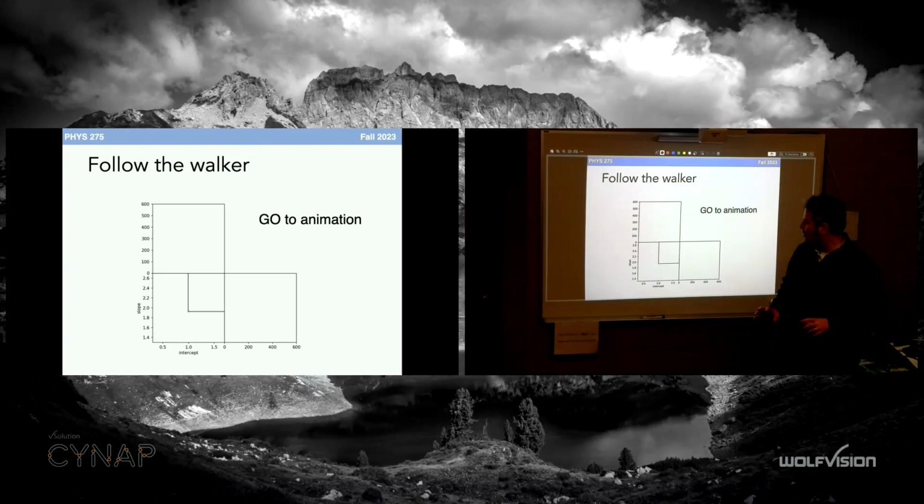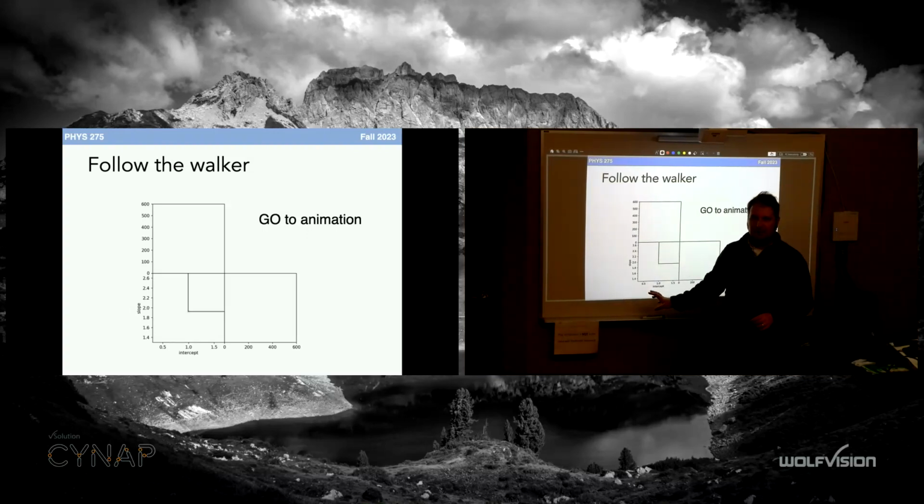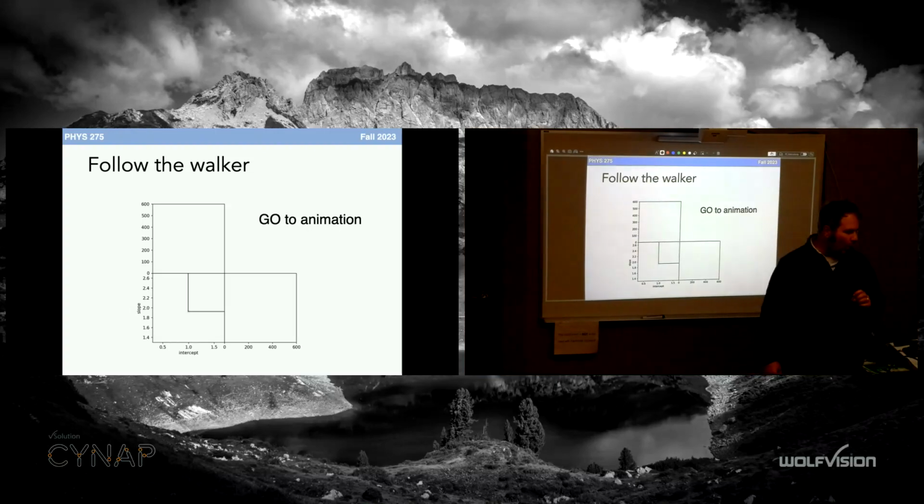Now what you then do, so we have a slope and an intercept again, and we have the chi-square field, the chi-square map, where we map how high that is. So we put a walker in there.